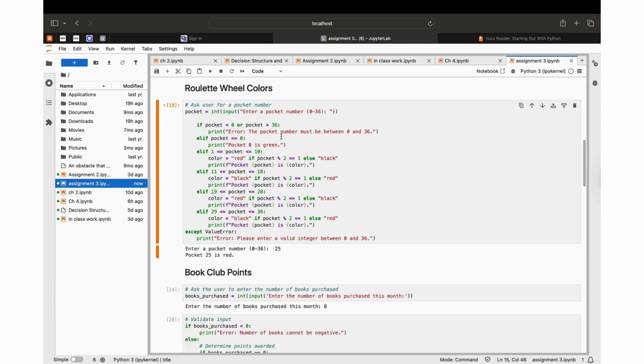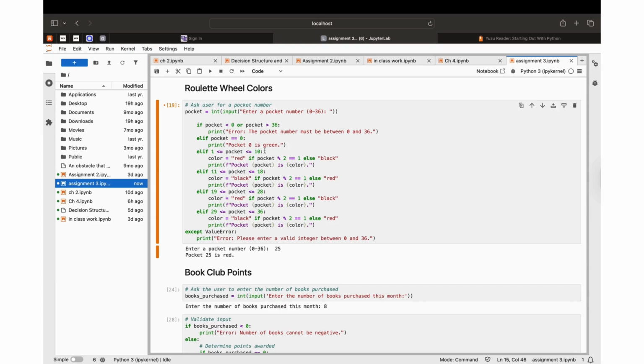And then for the roulette wheel colors, I asked the user for a pocket number, which was an input, and then I did 25. And then it's an if statement. So if it's less than 0 or above 36, then it's an error, and it must be between 0 and 36.